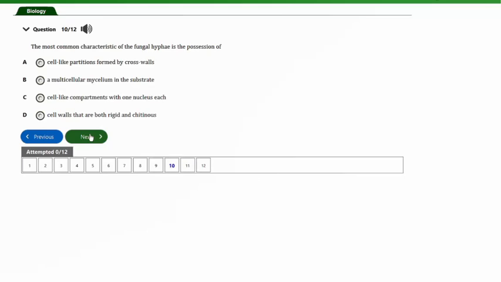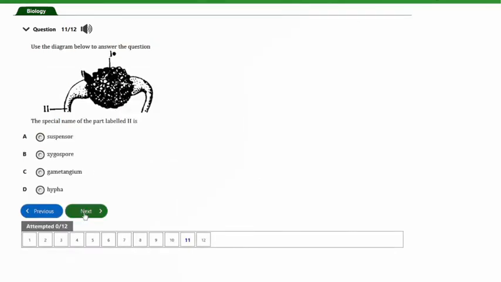So guys, the answer to this question is option D, and that's one feature that makes them unique. So the hypha of the fungi has a cell wall that is both rigid and contains chitin. So the answer to this question is option D. So let's look at the next question, guys, and that's question number 11.